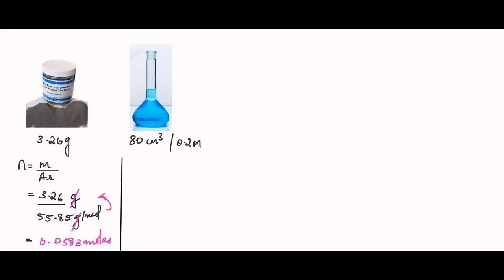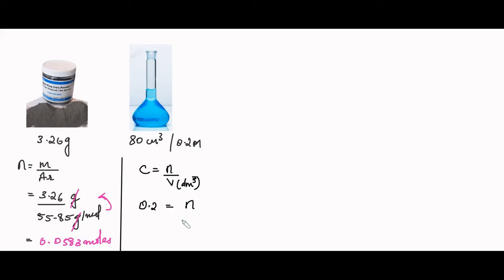Now we need to find out how many moles of copper sulfate there are. For that, we use the formula for molarity: concentration equals number of moles over volume of solution in dm³. Just to be careful, it's not in cm³, we want it in dm³. The concentration is given as 0.2, which equals the number of moles, which we don't know, over the volume.